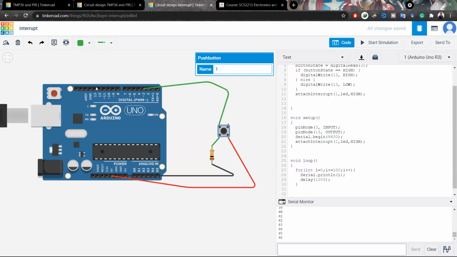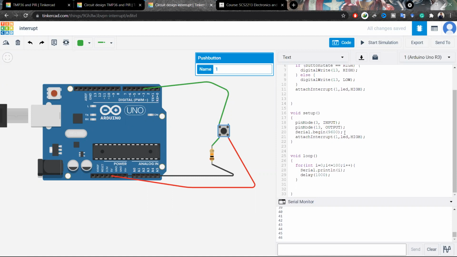So out of pin number 13, this LED will light up, right? So it's sensing the state coming from pressing this push button, then it will write some high voltage out of pin number 13, right? With that, this LED will light up, right? In that case, pin number 3 is the input, pin number 13 is the output, right?